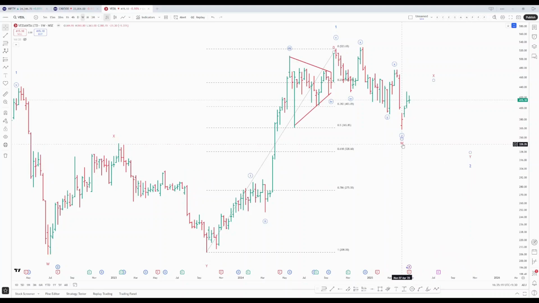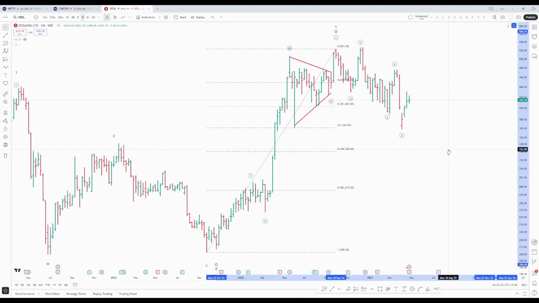So right now let's not get into it. Let's just keep it open that it's probably done, or we will know how this particular move is evolving. If it is looking corrective, then we can assume that this would likely be another X, and then there would be Y, and only then will this wave 2 be over.